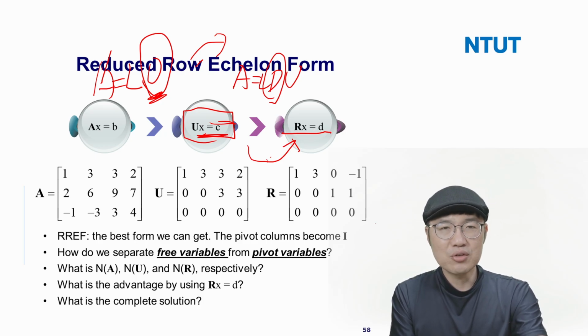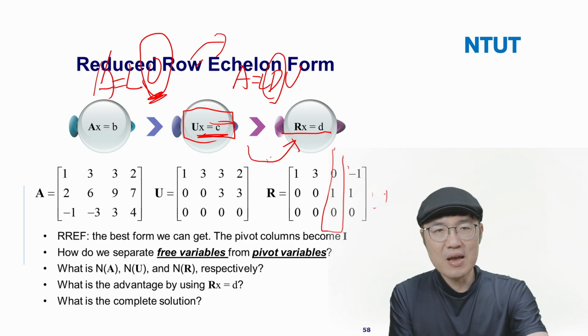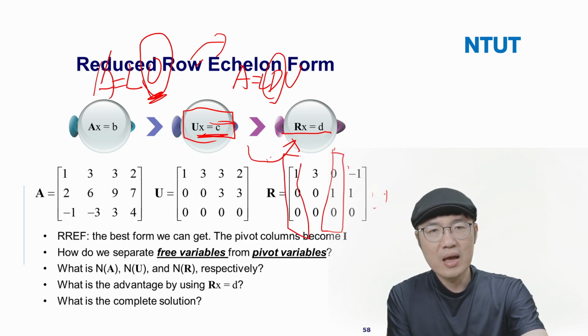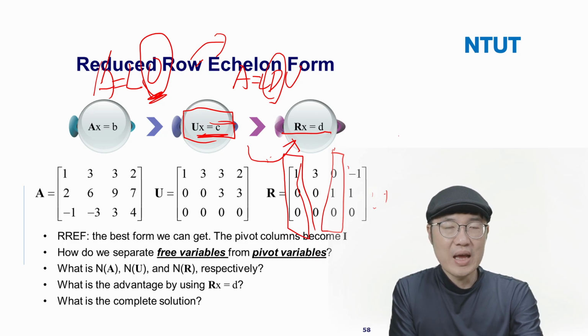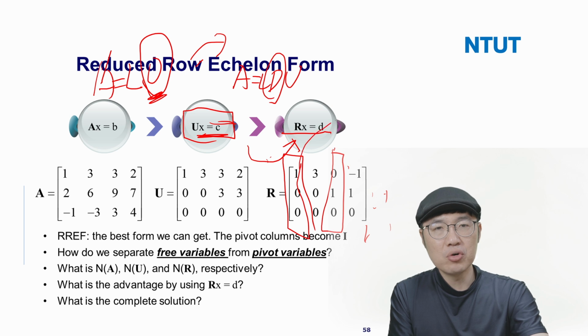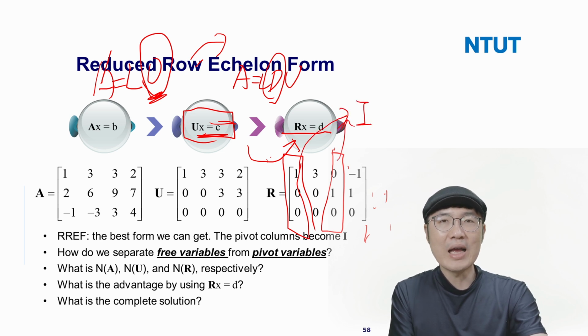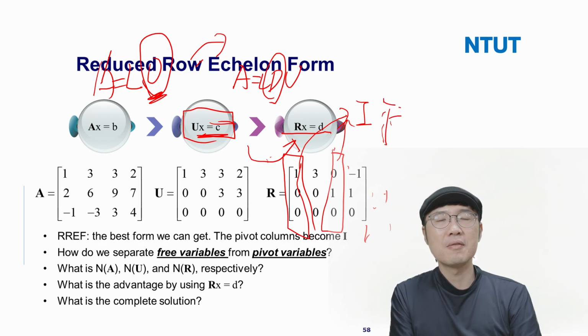So the RX equal D form means the pivot columns can be only identity matrix, which means it's either 1 or 0. It can have at most 1, 1, and all the other entries are 0. So if you extract the pivot columns, they will be formed like an identity matrix, and the remaining columns are from free variables.